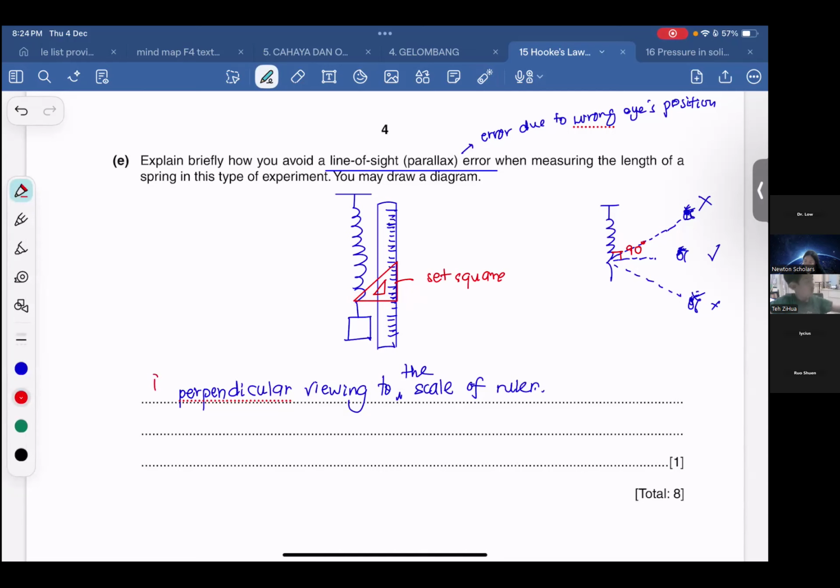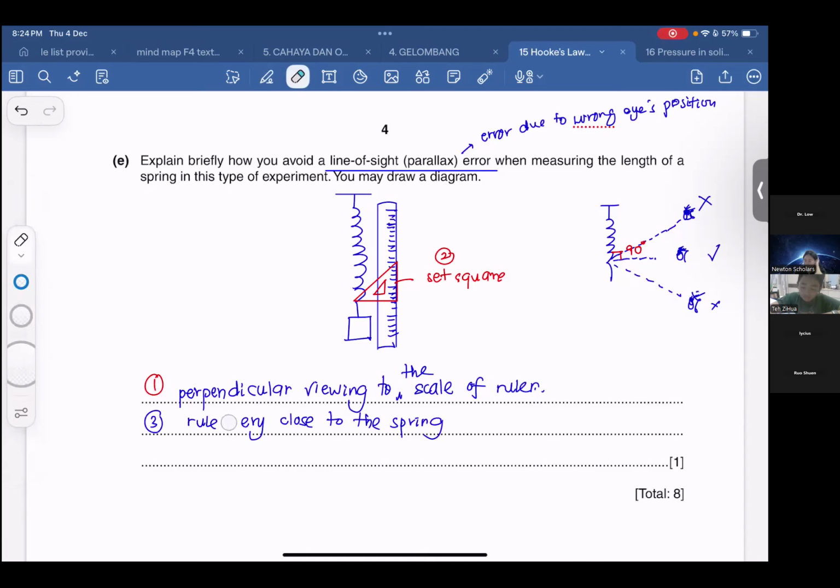Okay, so one, perpendicular view. Second, we are using a set square. Okay, third, we can mention the ruler. Place your ruler very close to the spring, close to the spring. Rule or ruler doesn't matter, it's the same.